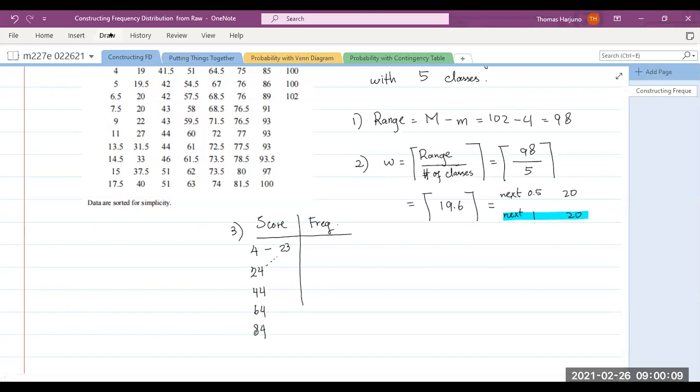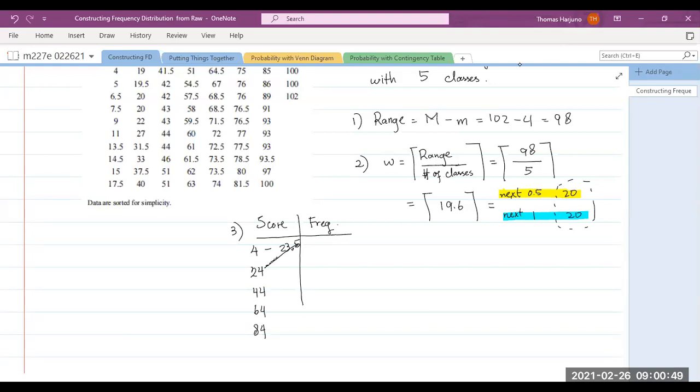But if you round to the next 0.5, then from this 24, you will subtract 0.5 instead. So depending on which rounding you use, even though both of them in this case end up with a class width of 20, if you round it to the next unit, then you subtract 1 unit here, but if you round it to the next 0.5, then you subtract 0.5.